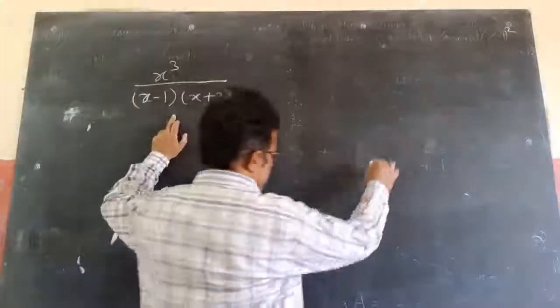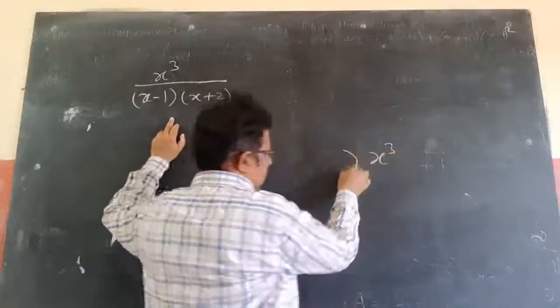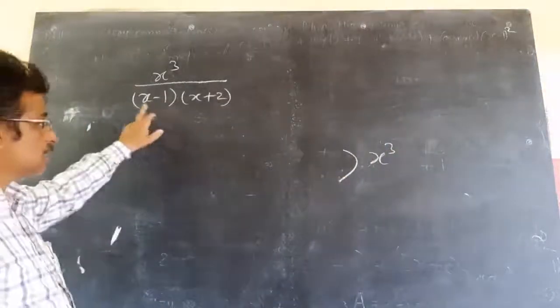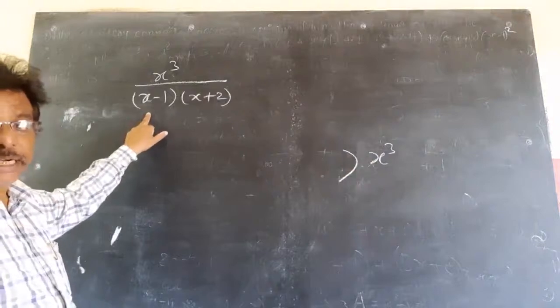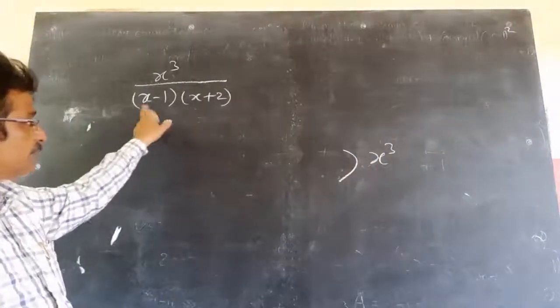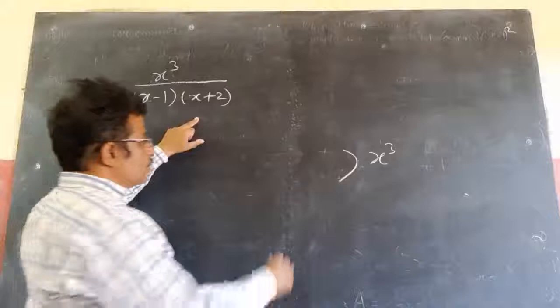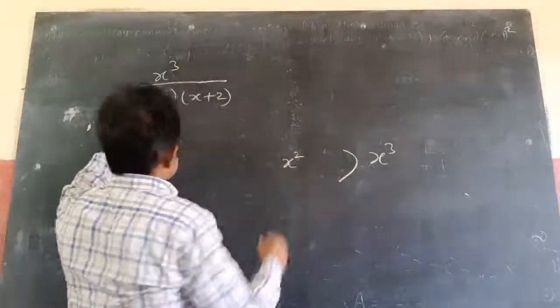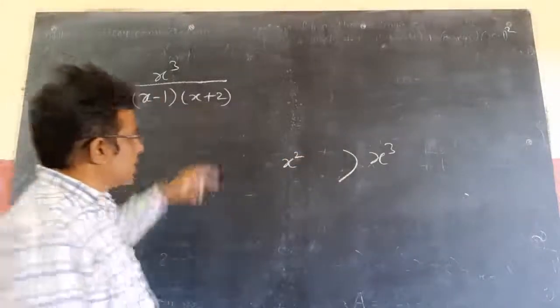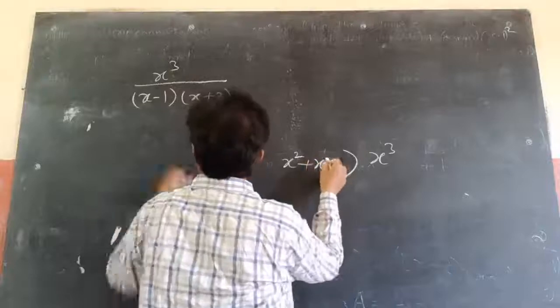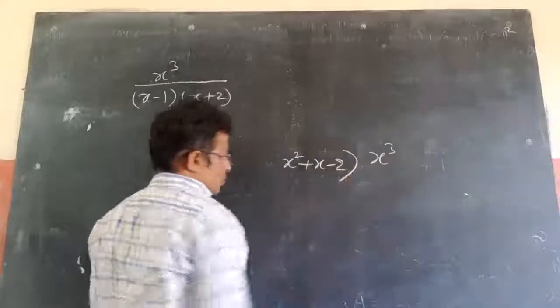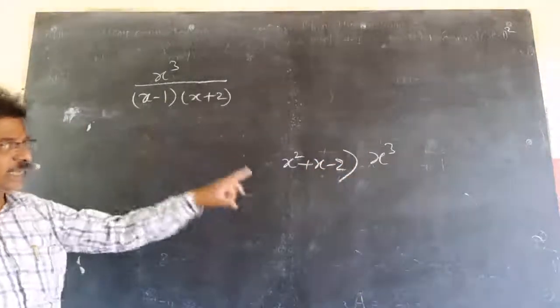So divide x cube with the denominator function. What is the denominator function? If I multiply this, distribute 2, I will get x into x square plus 2x minus x minus 2. So I am just expanding this, then dividing.